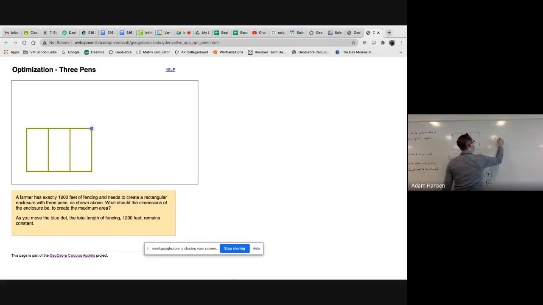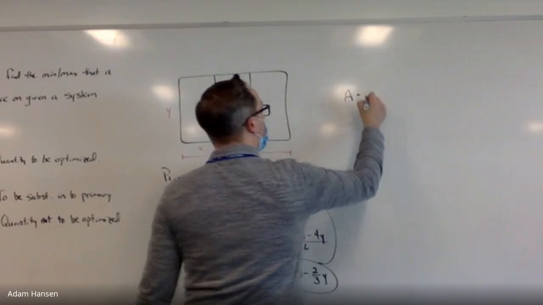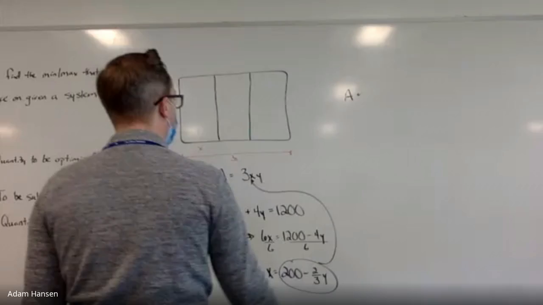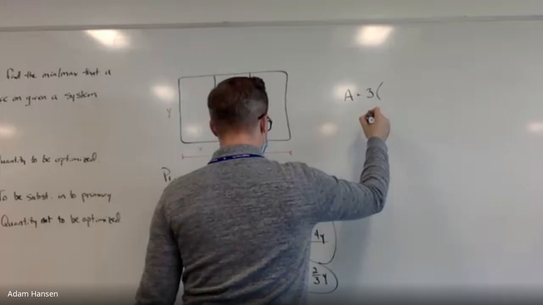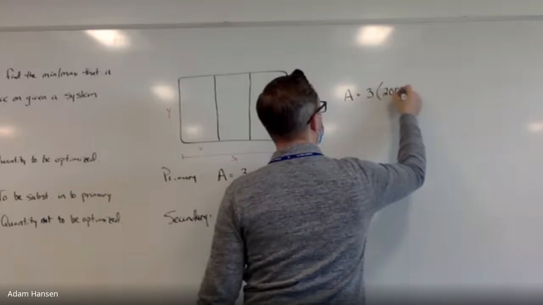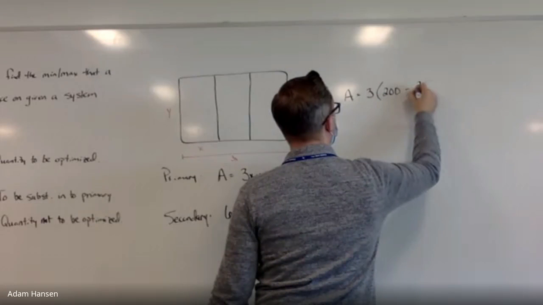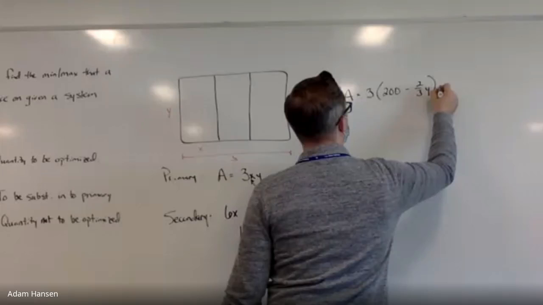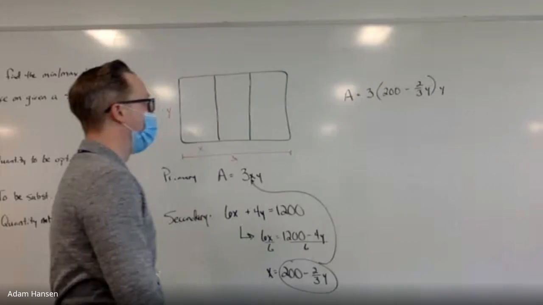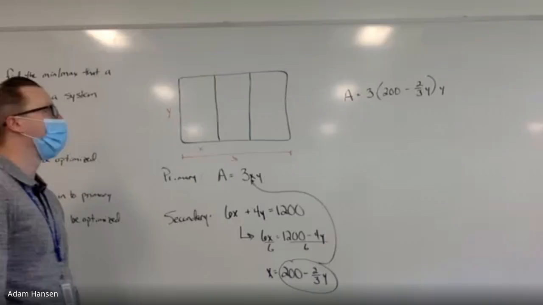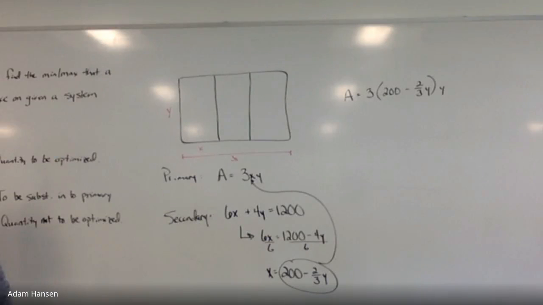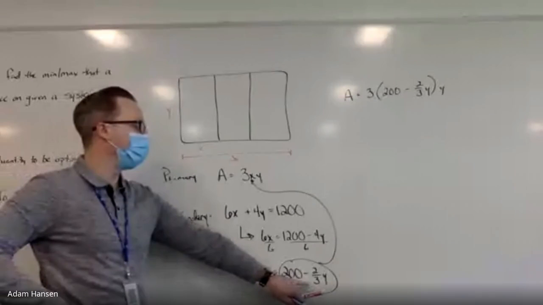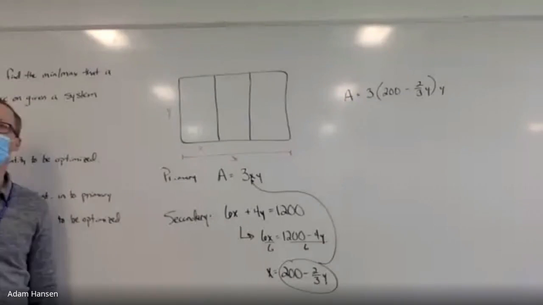The area equals, in terms of y, 3 times quantity 200 minus 2/3 y times y. I substituted in for x: 200 minus 2/3 y. Question so far?